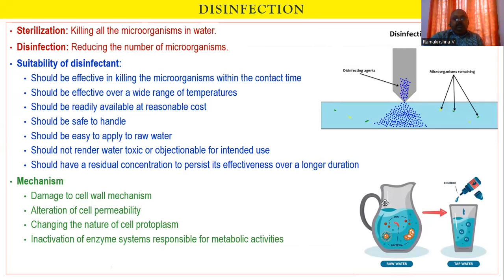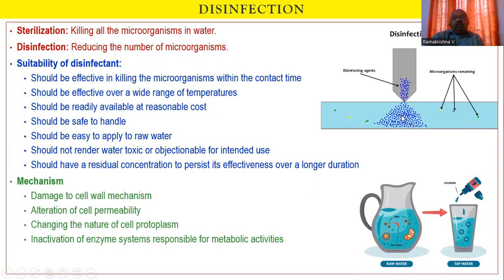Now you can see here in this picture. You have a pot of water with a lot of microorganisms. Now you are adding some disinfectant. Then you can see all the microorganisms are destroyed and it is safe to use. And here you can see another picture.